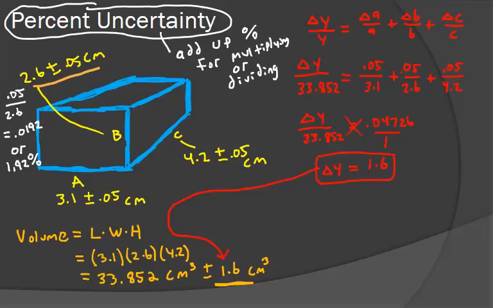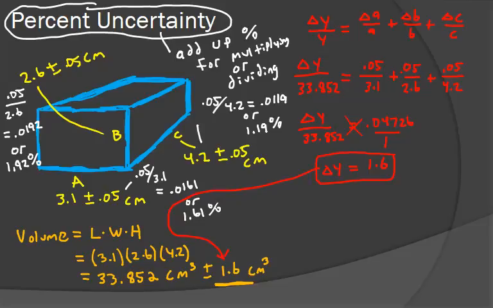We take 0.05 divided by 2.6, and we get 0.0192, or 1.92%. Next, here, 0.05 divided by 3.1, we have 0.0161, or 1.61%. And then for the last one here, 0.05 divided by 4.2 is 0.0119, or 1.19%.